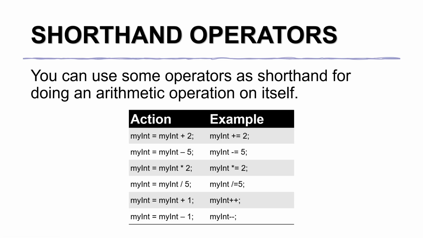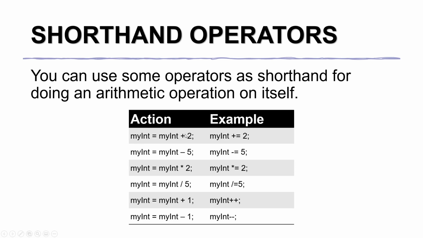There are some shorthand operators that are really useful. You're going to end up doing a lot of math on what is currently being stored inside of a variable. For instance, if you have my int and you want to take whatever is being stored in there and add 2 to it, you would have to write my int is equal to my int plus 2.